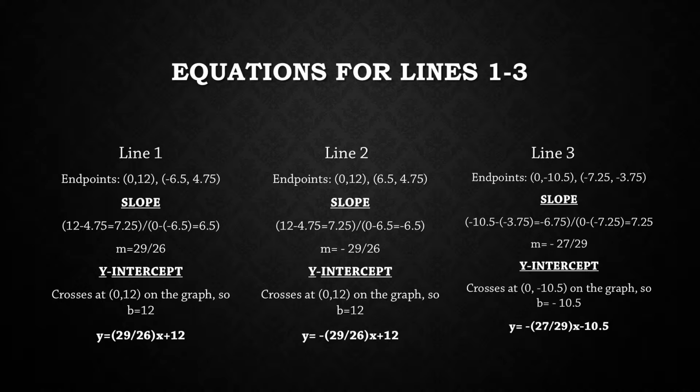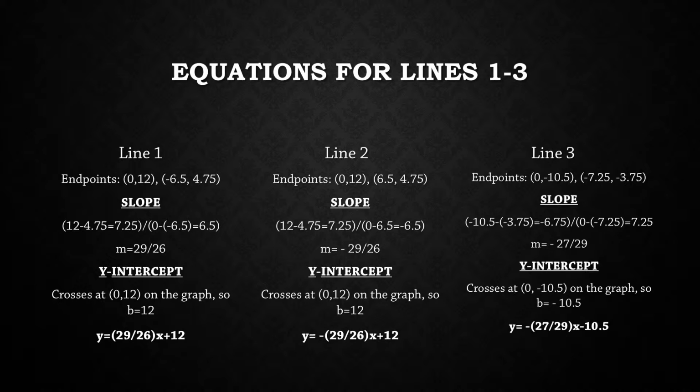For line 3, the endpoints were 0, negative 10.5, and negative 7.25, negative 3.75. The slope is negative 10.5 minus a negative 3.75, which is negative 6.75, divided by 0 minus a negative 7.25, which is just 7.25.